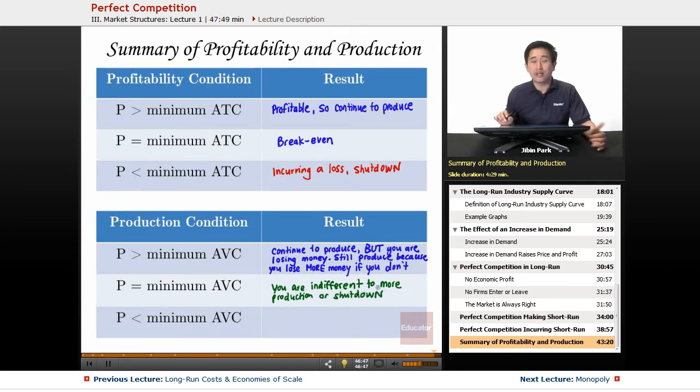So if it costs you $10 to produce something and you're selling it for $10, and you have a fixed cost of $100, then you're indifferent, because every time on the margin you produce more, you're just earning back what you actually spent. So firms will be indifferent, at least in the short run, if the average variable cost equals the price. Now, what happens if the price is less than the minimum ATC?